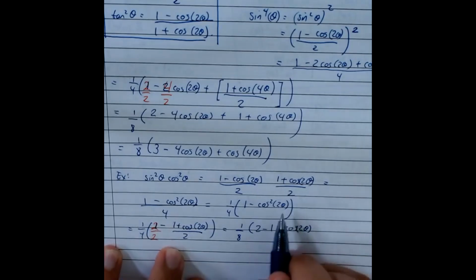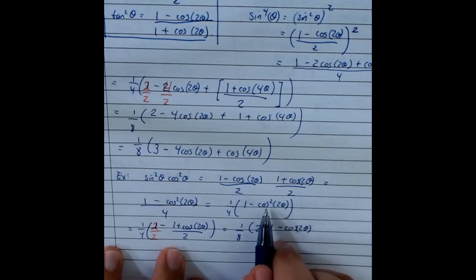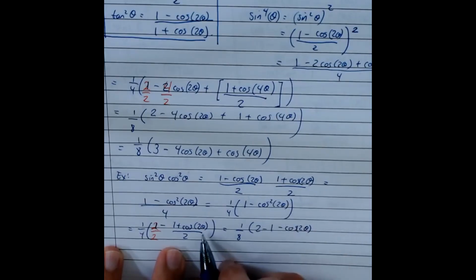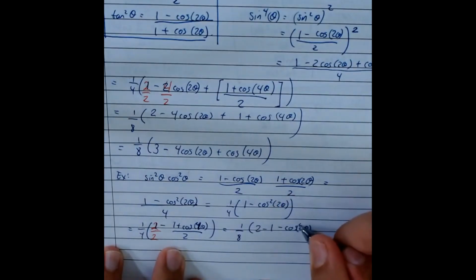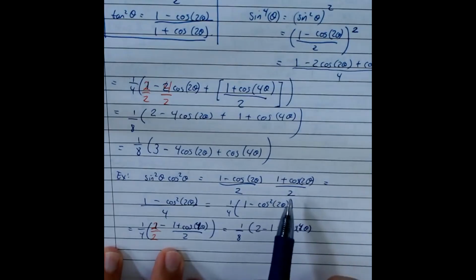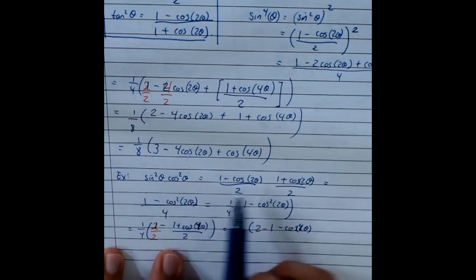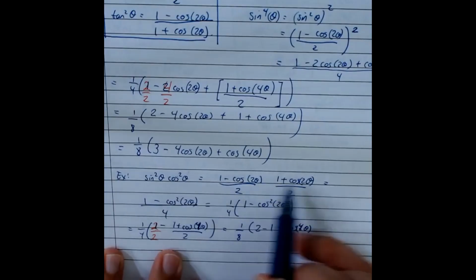Oh, you know what? That is incorrect. I'm using the power reduction formula on cosine squared of 2 theta. Since that angle was already doubled, I need to double it again. So over here, this should be 4 theta. My apologies. Whenever you use the power reduction formula, you will double your angle. This one from angle theta to angle 2 theta.